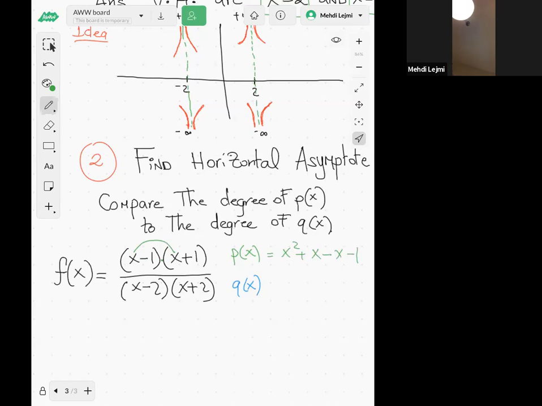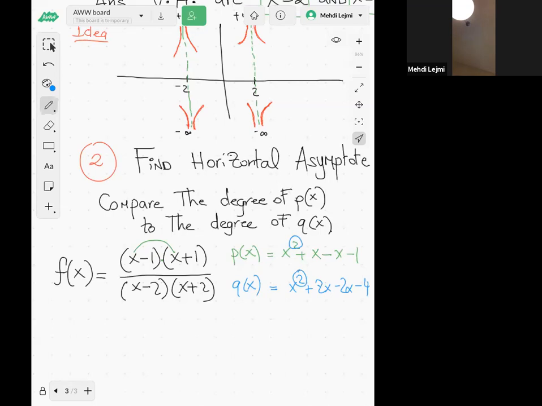If you distribute, the degree of p is actually 2. And the same for q. Q would be x times x, that would be x squared, plus x times 2, 2x, minus x, minus 2, plus 2, that's like negative 4. So the degree of q is actually 2. Okay.